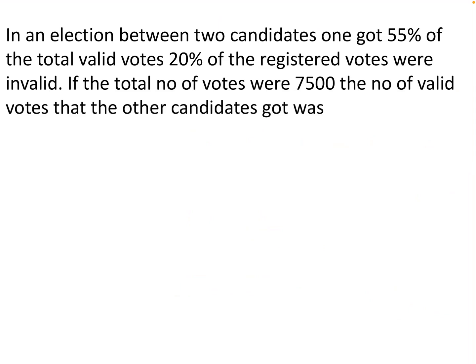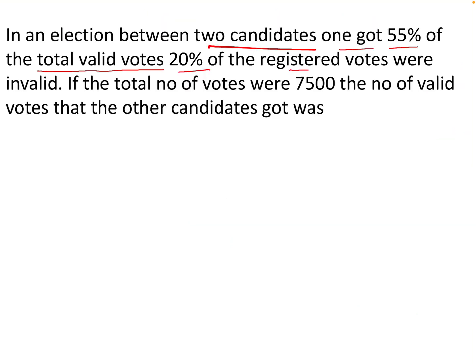In an election between two candidates, one got 55% of the total valid votes, and 20% of the registered votes were invalid.